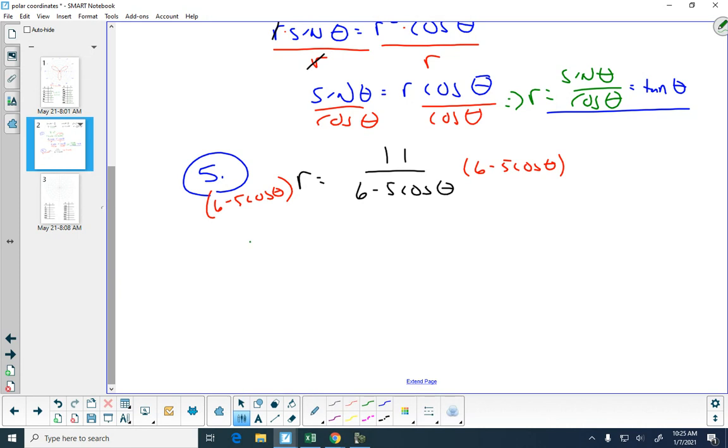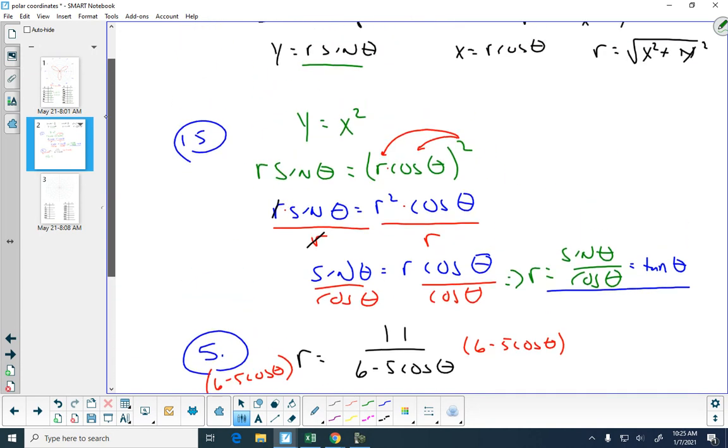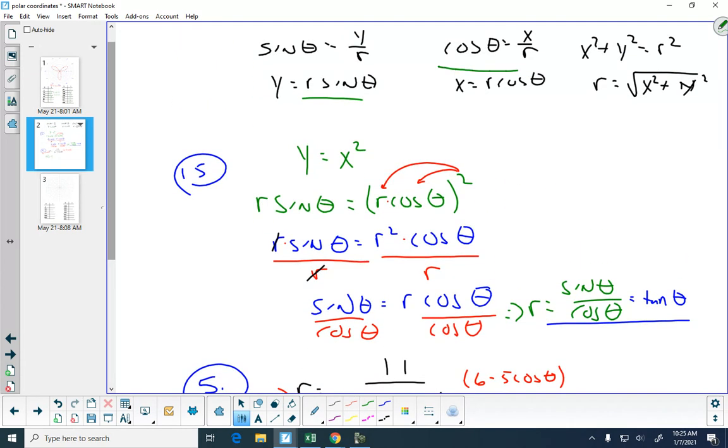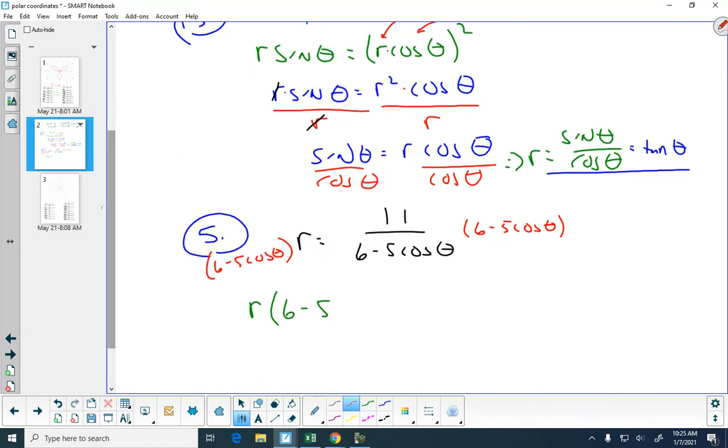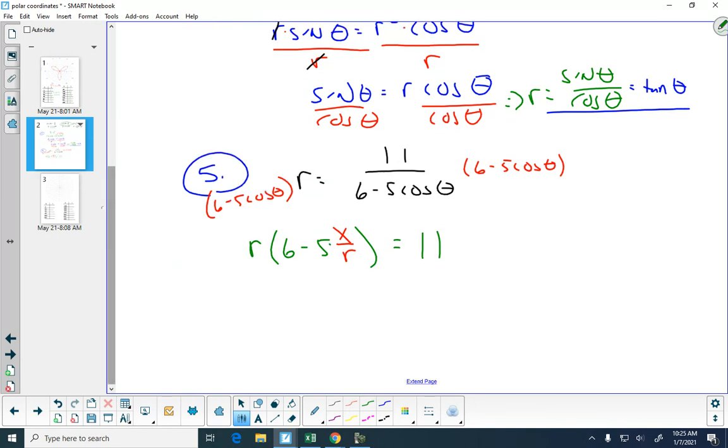So we had r times 6 minus 5 cosine of theta. Cosine of theta is defined just as x over r, so we can substitute in our x over r. And this is equal to a value of 11.